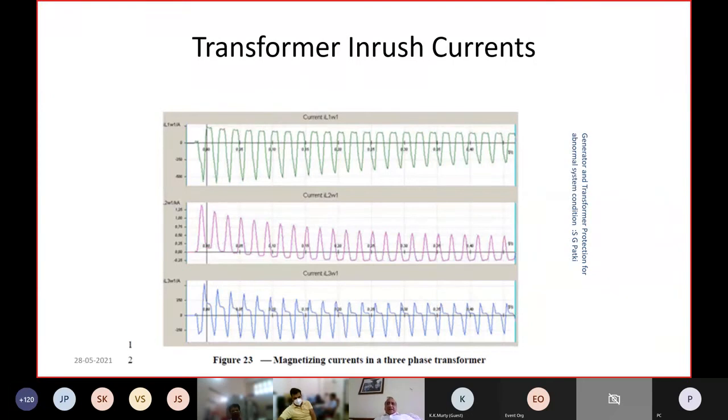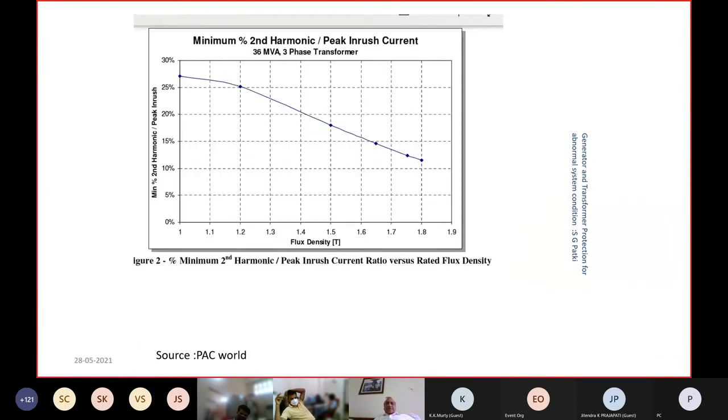If the source impedance is high and the fault level is low, where X by R ratio wise also you will have less X value, in that case also you will have an inrush current which is not so high, and time duration wise it will also die quickly. The third point is that the inrush current can also be a result of system condition.